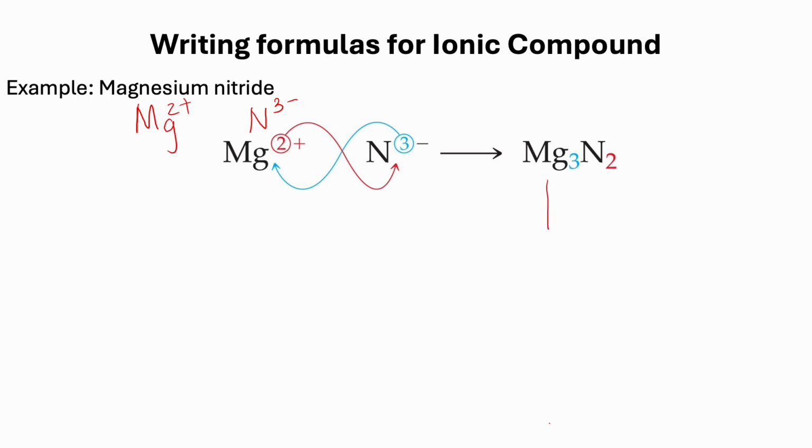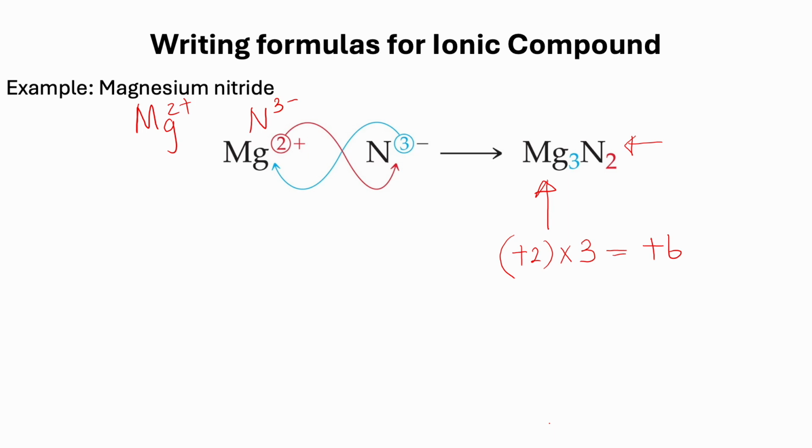As you can see, if you take magnesium here, the subscript tells you how many magnesiums there are. There are 3 magnesiums. Usually magnesium is +2 since it is from group 2, and we can multiply this by the number of magnesiums here, which gives you +6 total. When you take nitrogen, there are 2 nitrogen atoms in the formula because the subscript is 2.